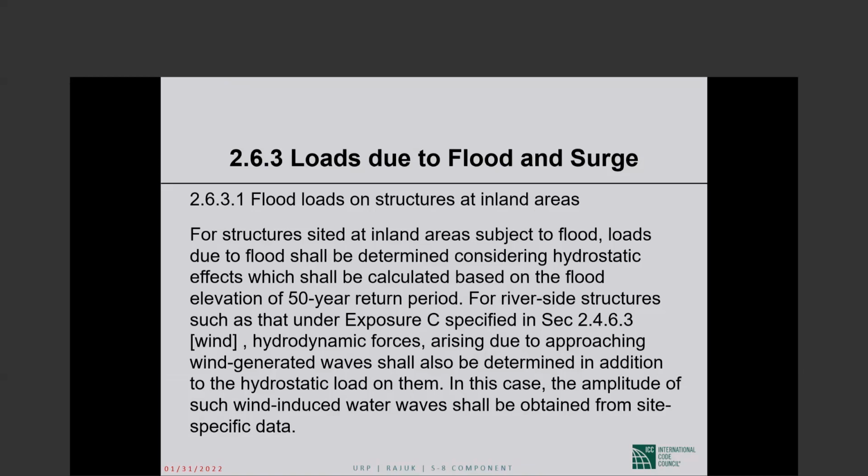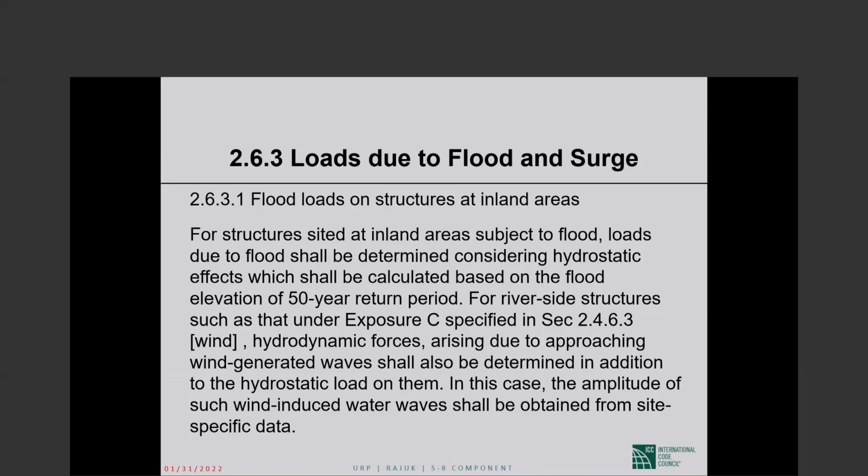For riverside structures such as under exposure C, that is wind exposure C, which we'll discuss tomorrow, hydrodynamic forces, not just hydrostatic, arising due to approaching wind-generated waves shall also be determined in addition to the hydrostatic load on them. In this case, the amplitude of such wind-induced water waves shall be obtained from site-specific data.